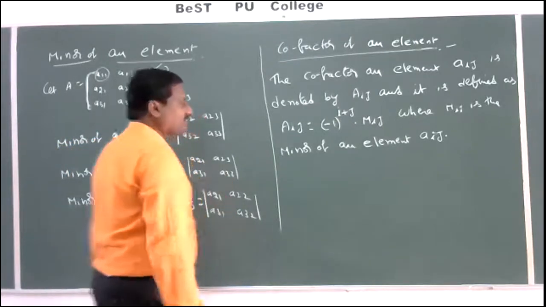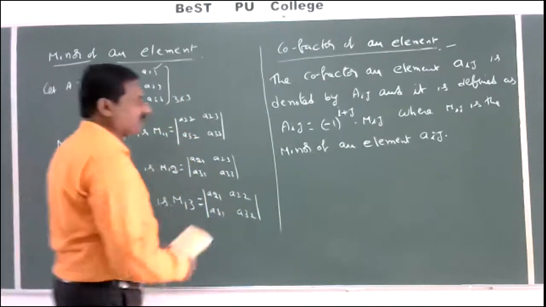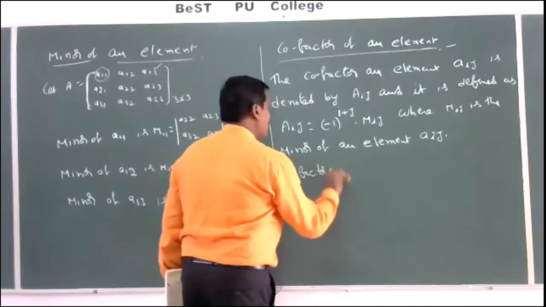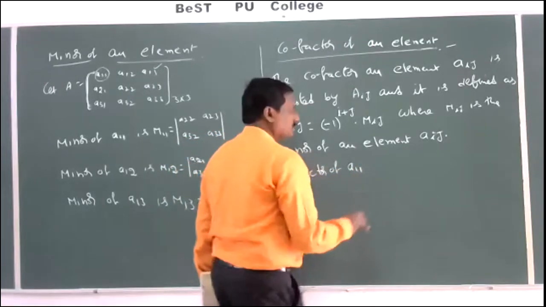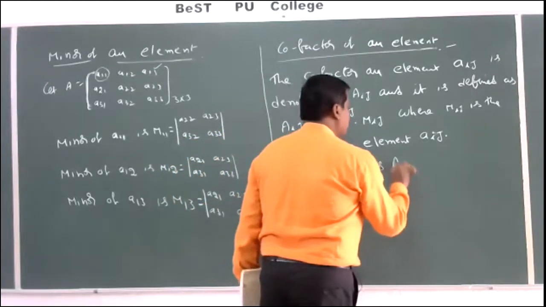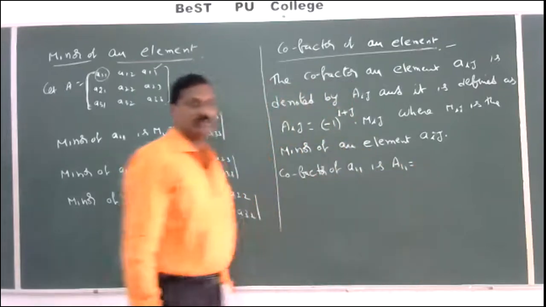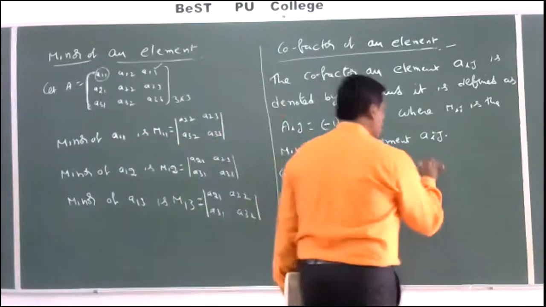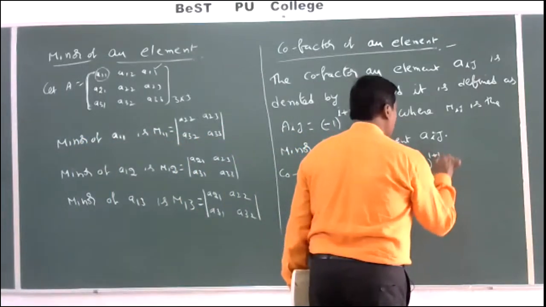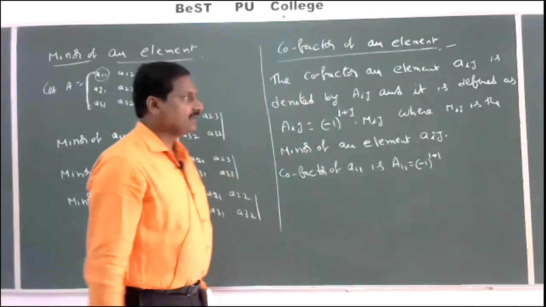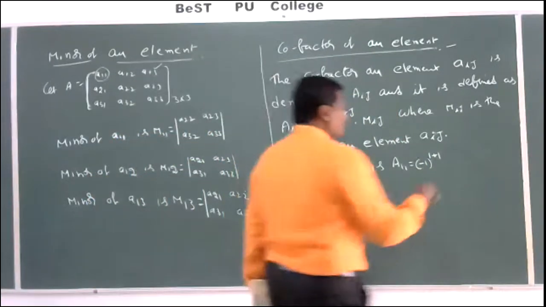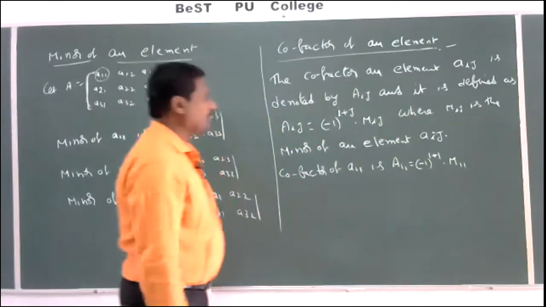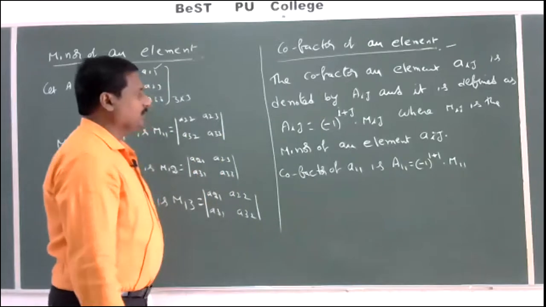If you take this same matrix, suppose you have to write the cofactor of A11. The cofactor of A11 is capital A11. This is equal to minus 1 whole power 1 plus 1 into M11.